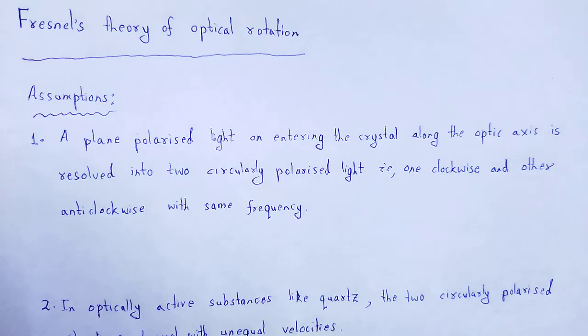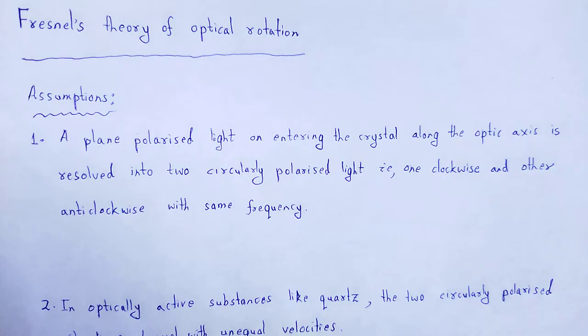We know that when plane polarized light is passed through optically active substances, then the emergent light is just rotated to an angle, and that is known as the angle of rotation.